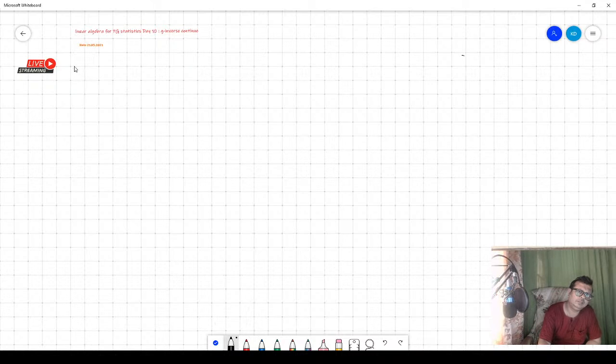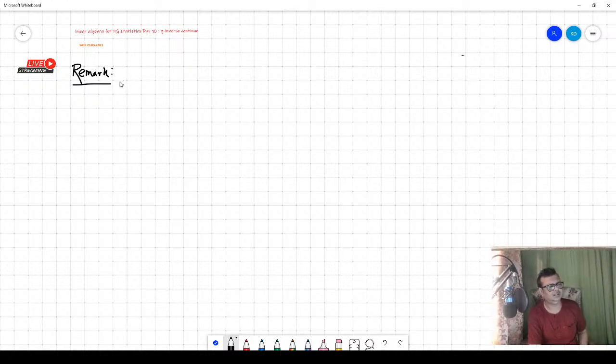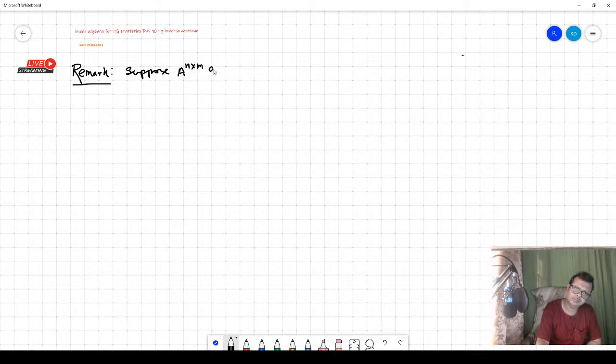Suppose this is a remark. Instead of taking square matrices, after the remark I will finish, so please give me a little time for the remark. Suppose I have two matrices, A of order n cross m and B of order m cross n.